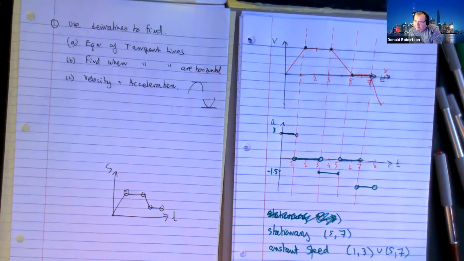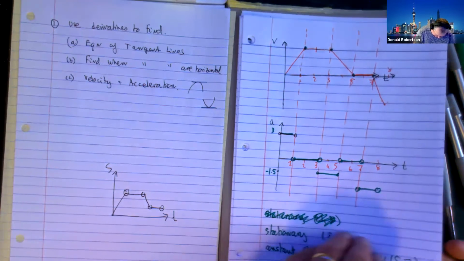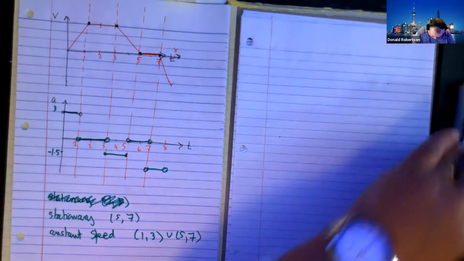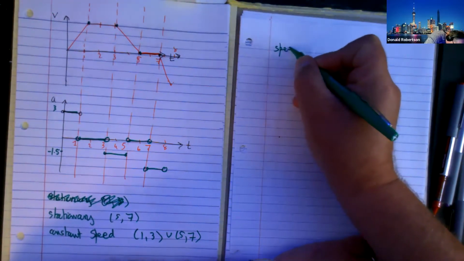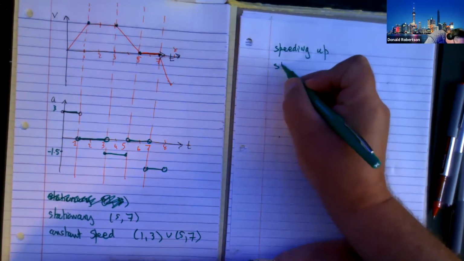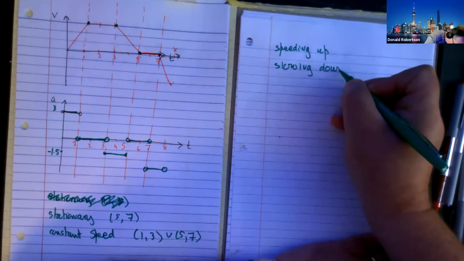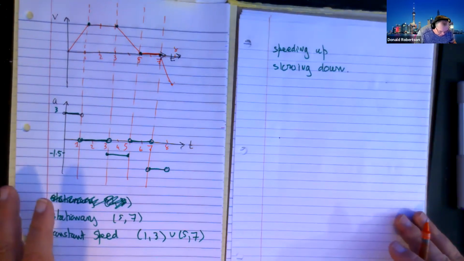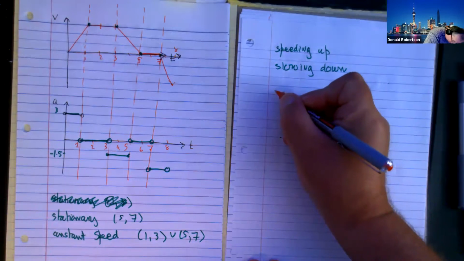So far, so good. And now the bit that, if you're not into physics, I guess is going to be strange to you. We're going to talk about when this object is speeding up and when this object is slowing down. And a lot of people think that it's just acceleration. In other words, this is wrong, by the way.